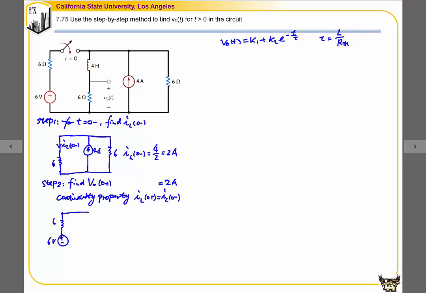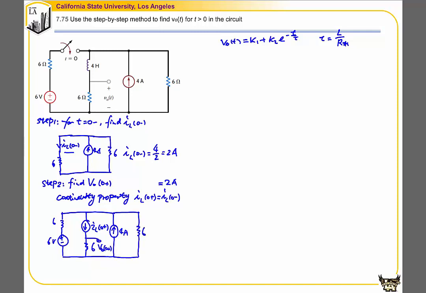And this inductor will be represented by a current source. Since we define IL(0-) flowing downward, we have a current source which has a current of 2 amp, IL(0+). And over here we have another current source, 4 amp, and another resistor, 6 ohm.